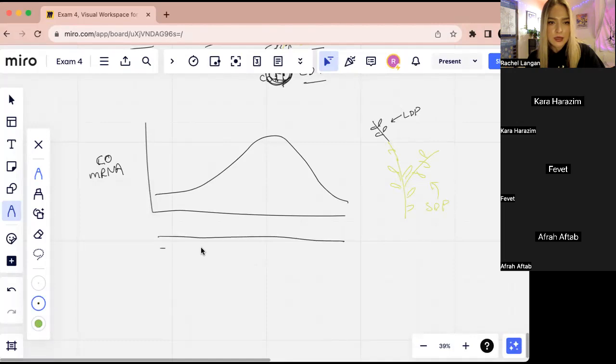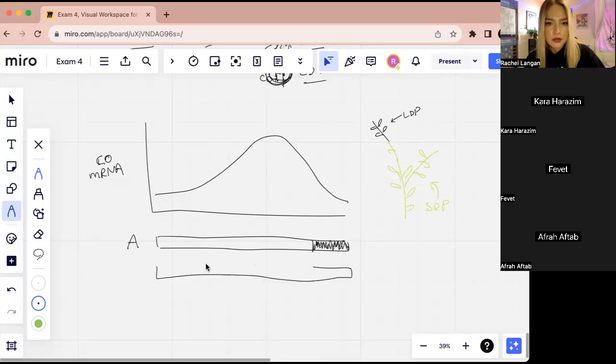So let's say in experiment A, you gave light all through this region and then did some dark here. Then let's say you did another experiment, B, and you did light here and light here.